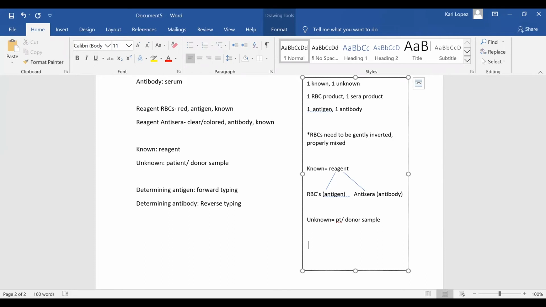And then that is going to branch off into either your patient or donor red blood cells, which is what? Antigen, or patient or donor serum, which is where the antibodies are floating around.